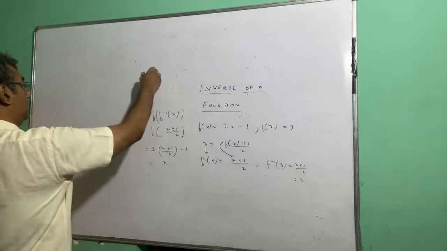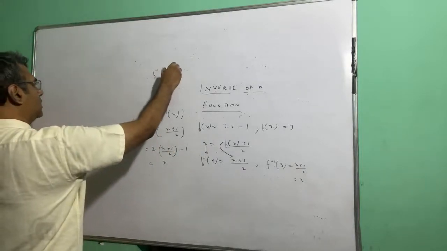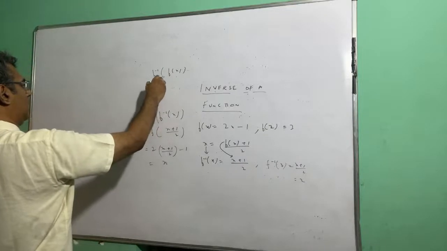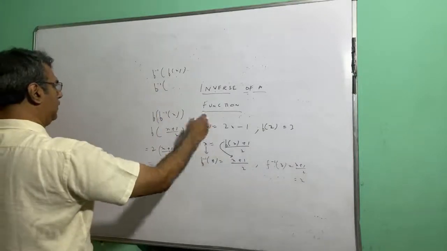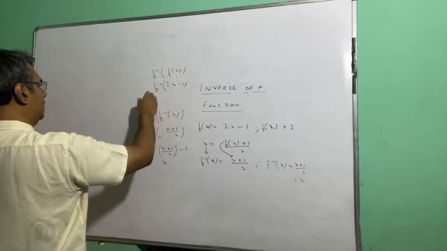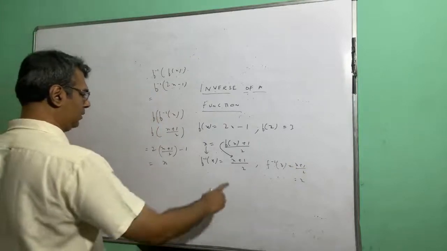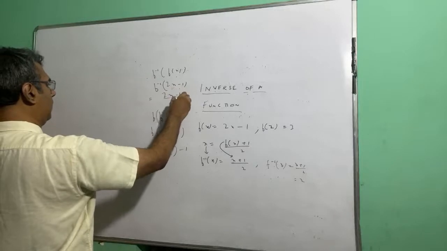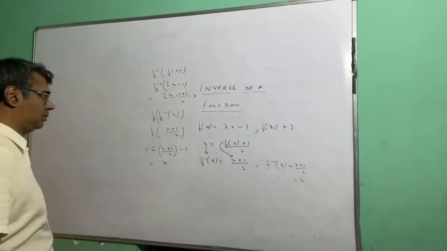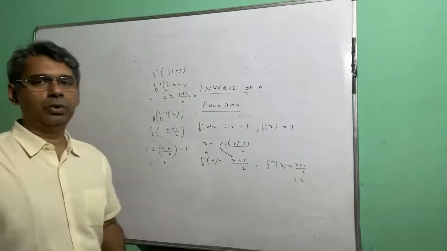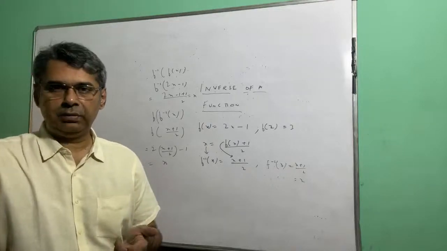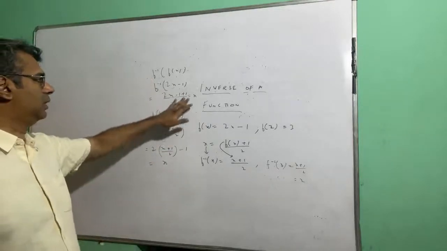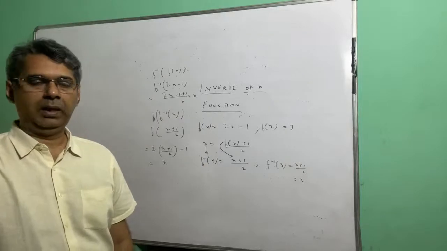And if you do f inverse of f(x), then also you will have the same result, because f(x) is 2x minus 1. So f inverse of 2x minus 1 means over here you have to substitute x with 2x minus 1. So whether you do composition of f with f inverse or f inverse with f, you will always get x, right?